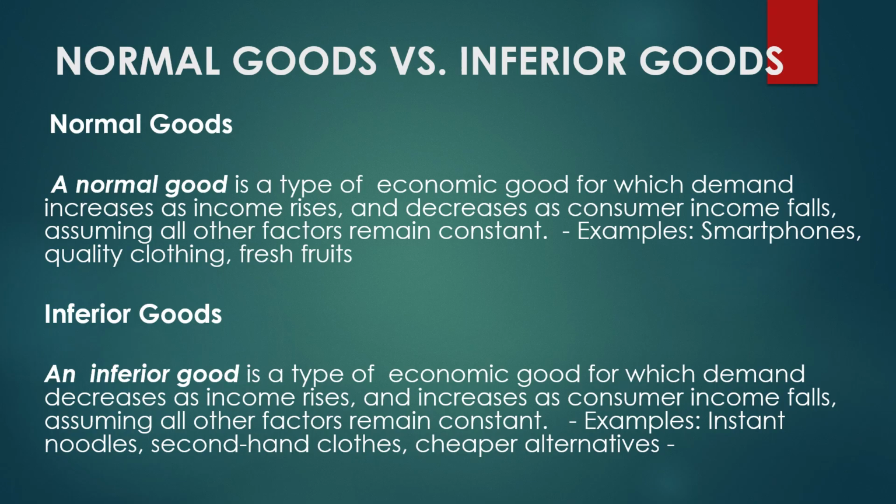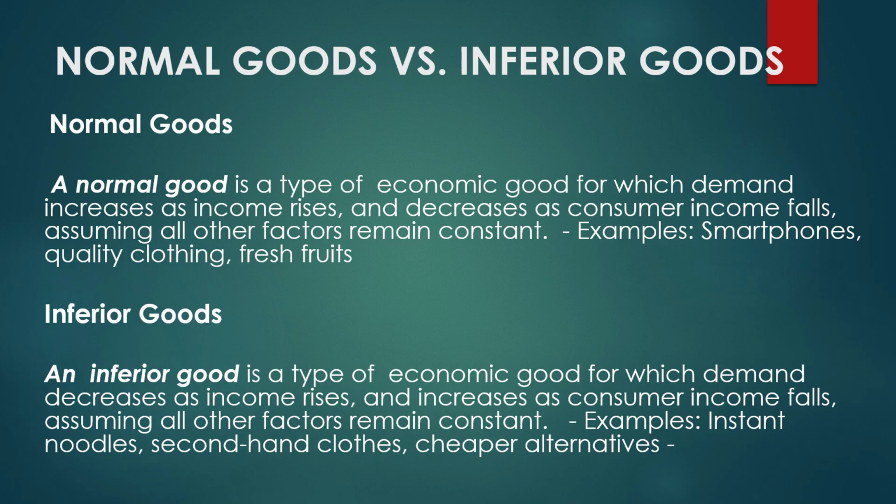A normal good is a type of economic good for which demand increases as income rises and decreases as consumer income falls, assuming all other factors remain constant. Talk of tastes, talk of preferences, the price of other related commodities and the like.